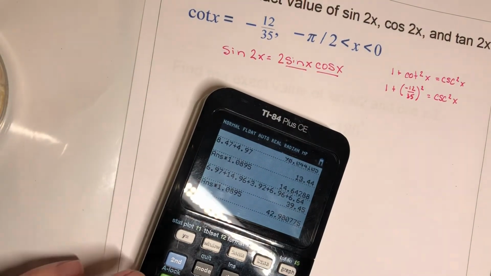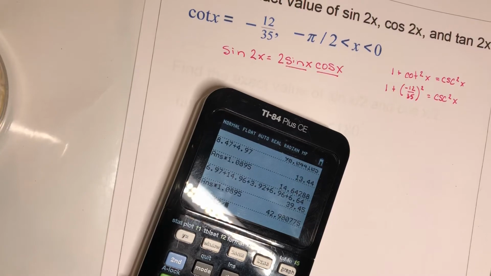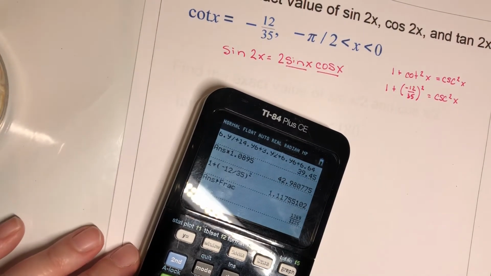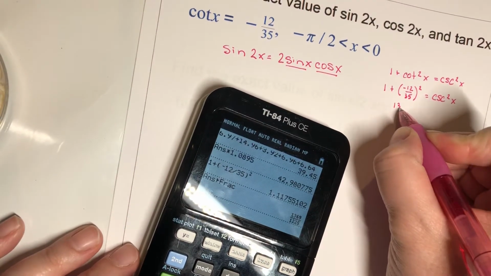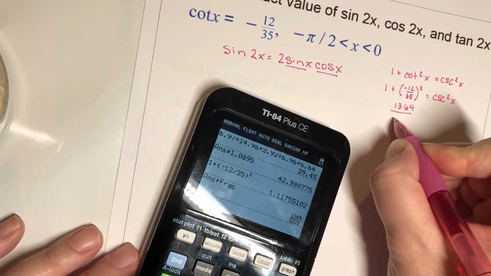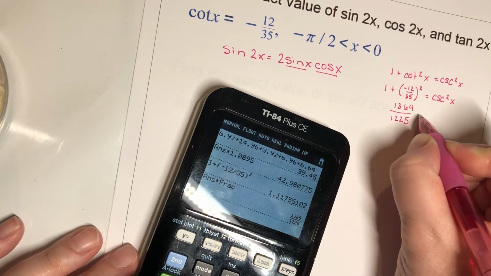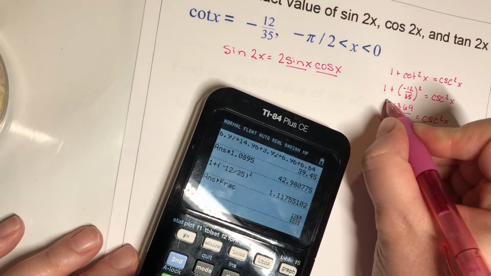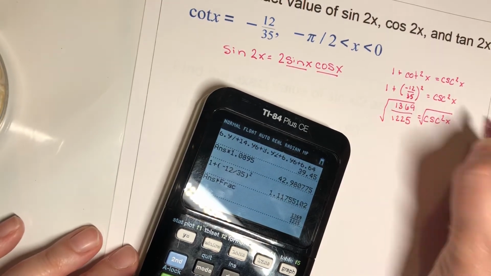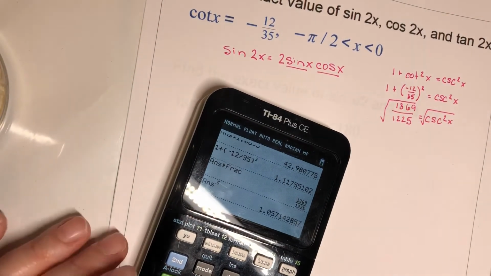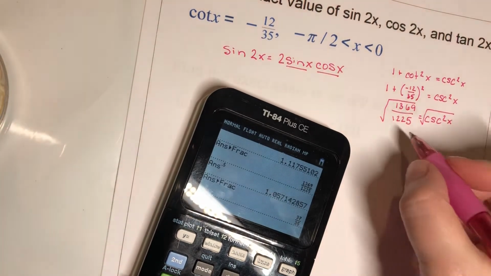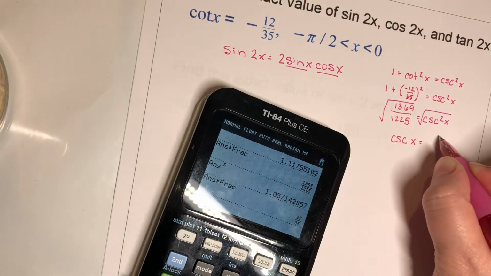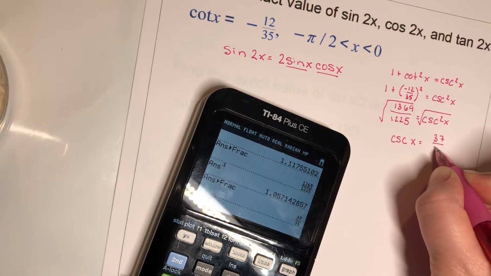So I'm going to have 1 plus negative 12 divided by 35 squared, and then I can change that to a fraction. So I get 1369 over 1225, and that is cosecant squared of x. So now I can square root that to get cosecant. So I end up with cosecant of x equals 37 over 35.